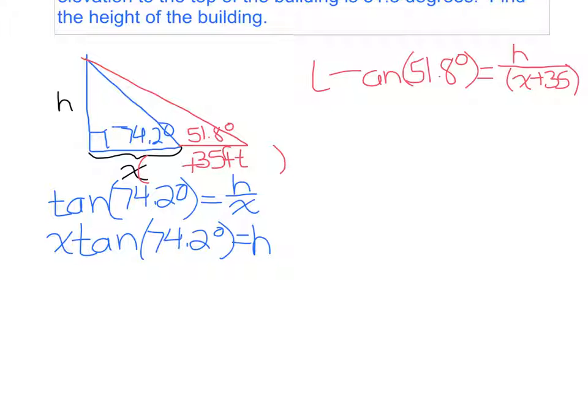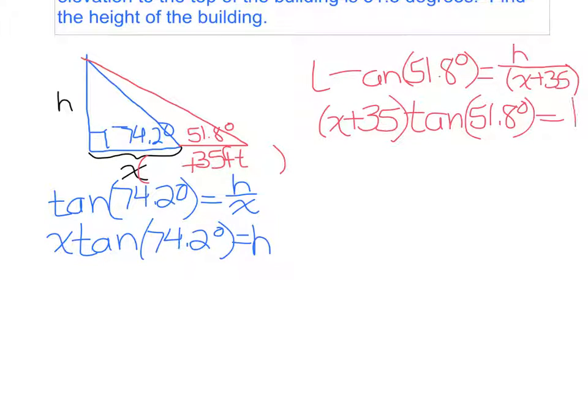And so when I do that, I'm going to multiply both sides of this equation by x plus 35, and it will cancel on the other side. So x plus 35 times the tangent of 51.8 degrees equals h. Now, another thing to be careful for here is that this is just a number and it needs to be distributed to both of these terms.